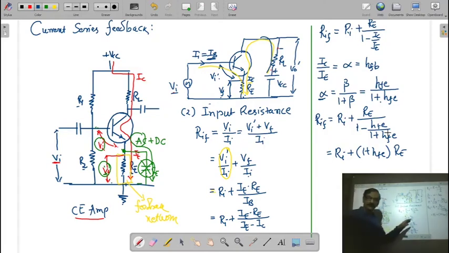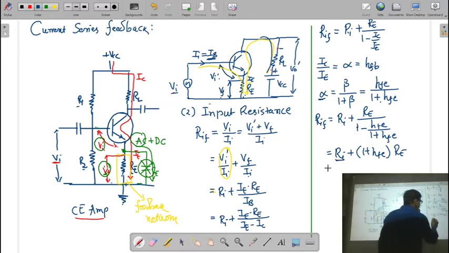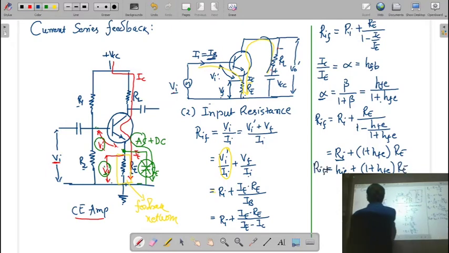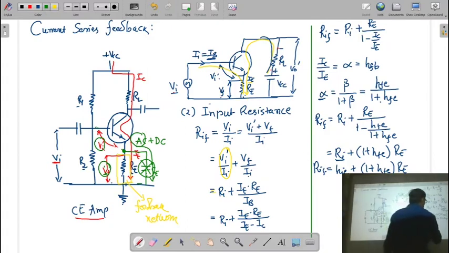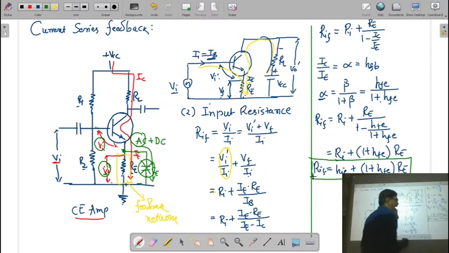RI is the input resistance of the internal amplifier, and in terms of the H parameter, this RI is nothing but HIE. So 1 plus HFE into RE. So this is representing the gain of input resistance of the amplifier.